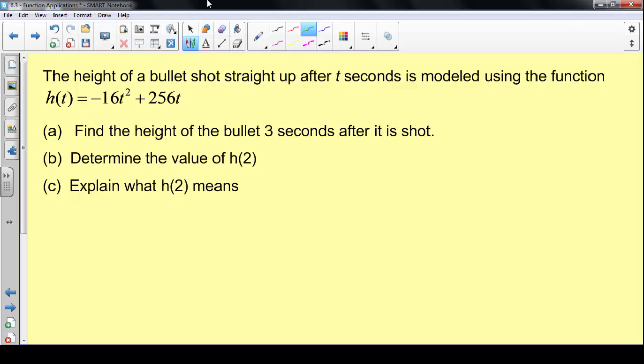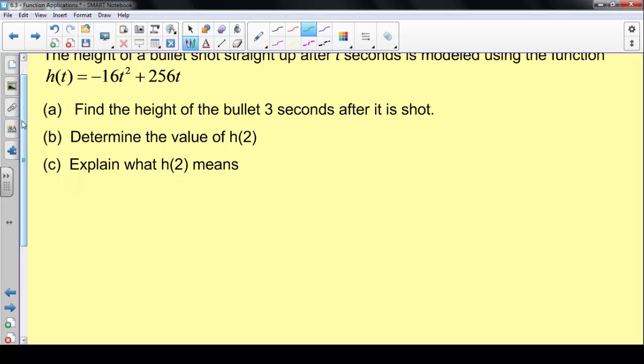So now we're using this function that models shooting a bullet straight up into the air. Notice we're using h for the height, t for the time, and we're using t in seconds. So we want to find the height of the bullet for 3 seconds after it's shot. So all we need to do for this one is figure out h of 3, because we want to know at 3 seconds.